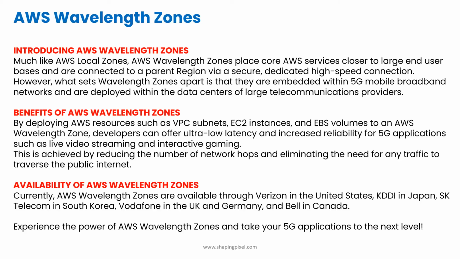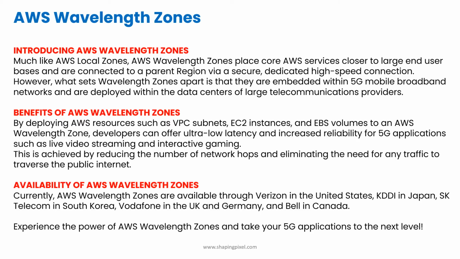The benefit of AWS Wavelength Zones is that by deploying AWS resources such as VPC subnets, EC2 instances, and EBS volumes to an AWS Wavelength Zone, developers can offer ultra low latency and increased reliability for 5G applications such as live video streaming and interactive gaming.